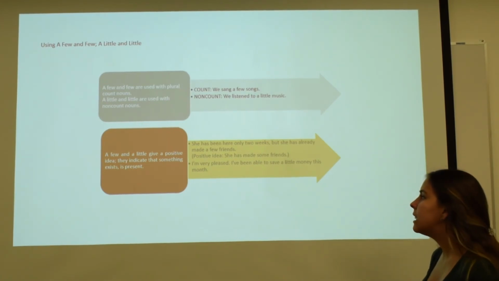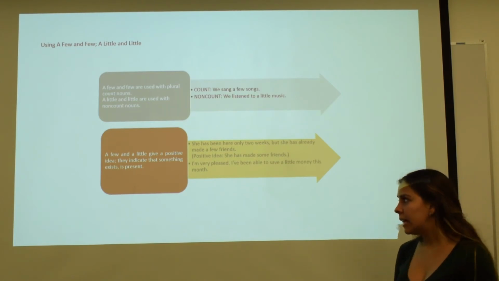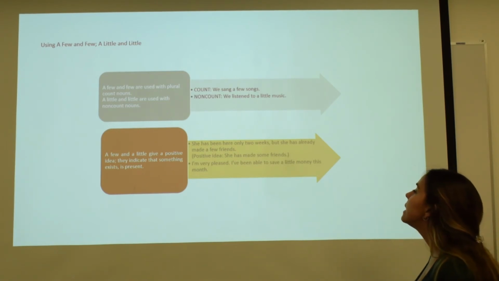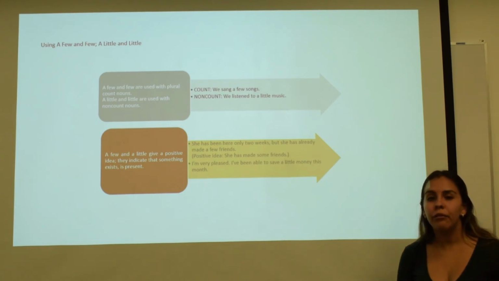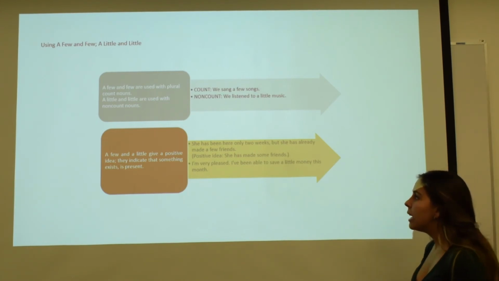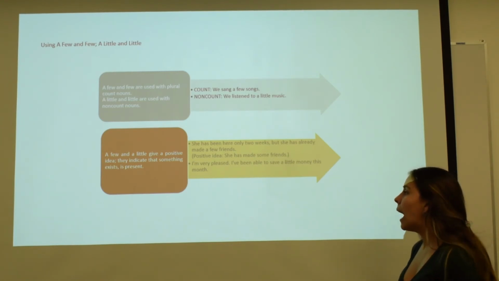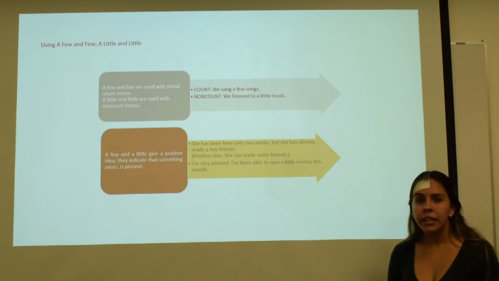A few and a little give a positive idea. They indicate that something exists and is present. She has been here only two weeks, but she has already made a few friends. In a positive idea, she has made some friends. I am very pleased to be able to save a little money this month.